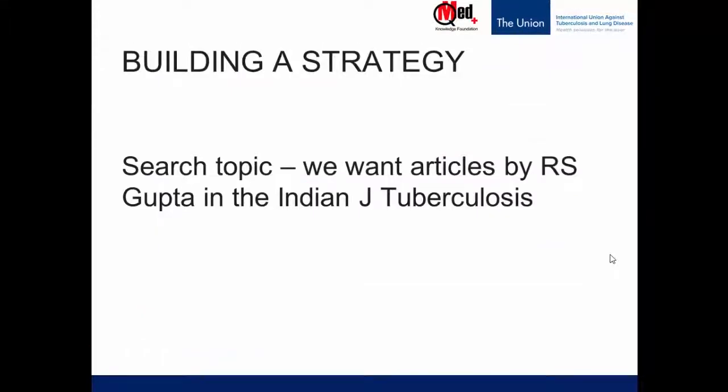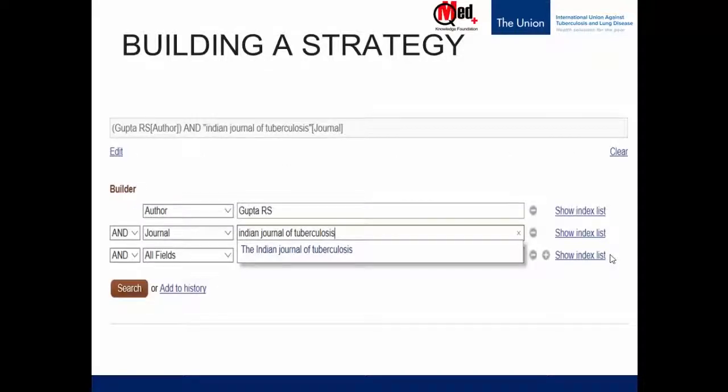Let us see how we can build a strategy, a very simple one. The search topic being, we want articles by R.S. Gupta in the Indian Journal of Tuberculosis. So in the builder, in the first box, I chose author and I typed Gupta R.S. We always have to type author's names as last name, space, initials.